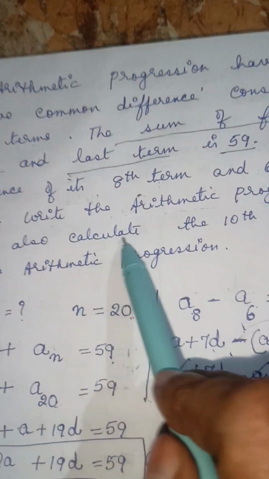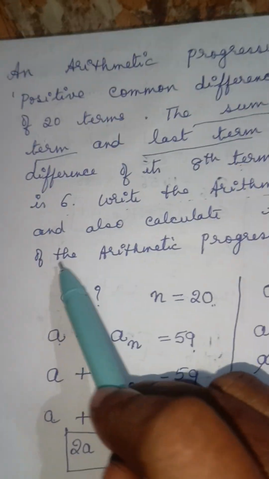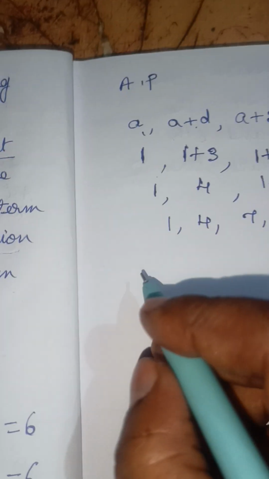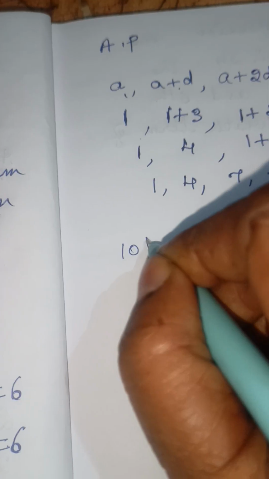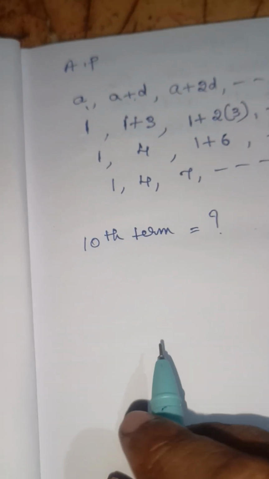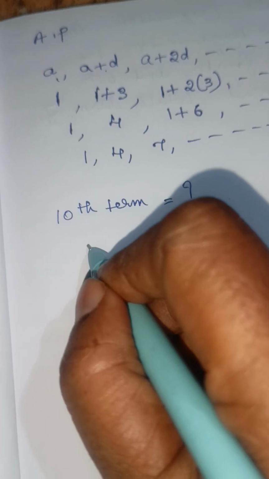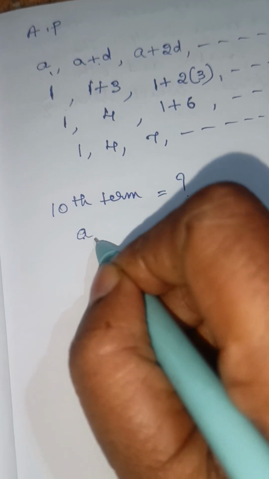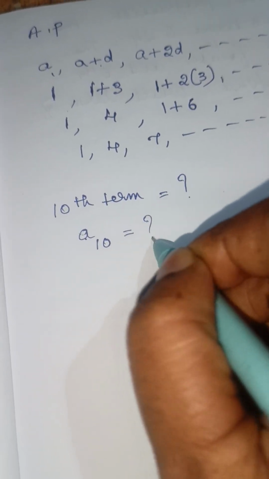Second question, calculate the 10th term of the AP. So we need to calculate the 10th term. Now what's the formula for the 10th term? 10th term means you are going to find A10.